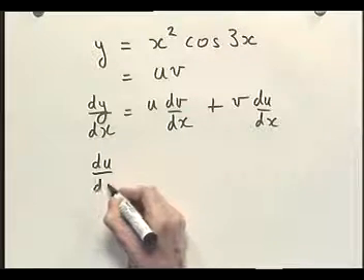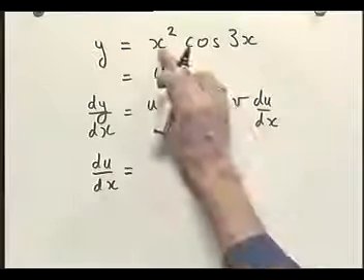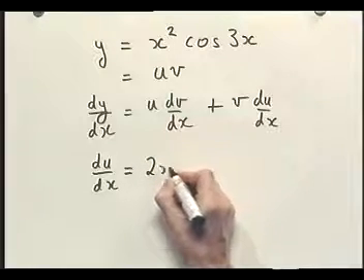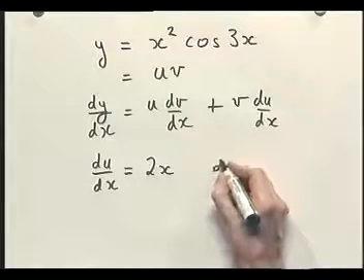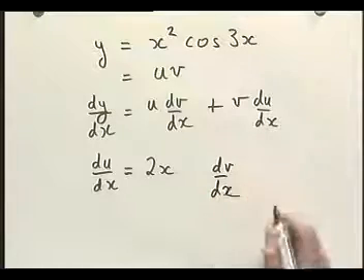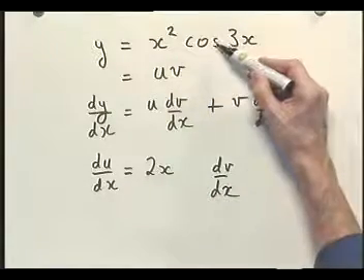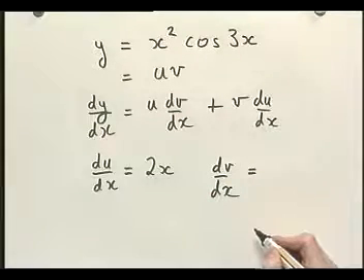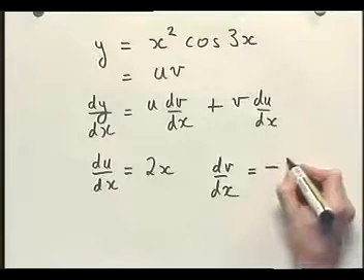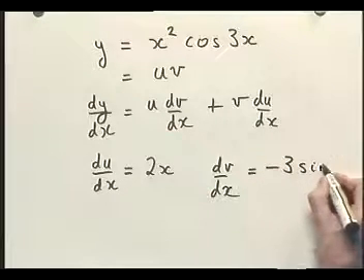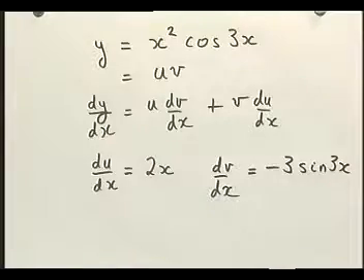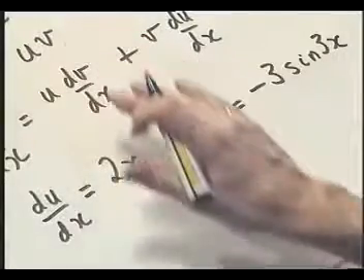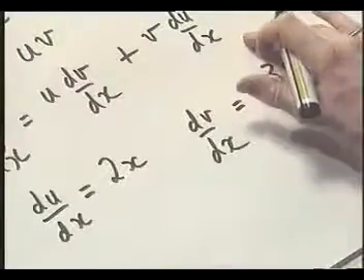So du by dx, u we've identified as x squared, so du by dx is 2x. dv by dx, we identified v as cos 3x, so we need to write down the derivative of v. And we know that that will be minus 3 sine 3x. And now we can put these two together with these two into this formula.